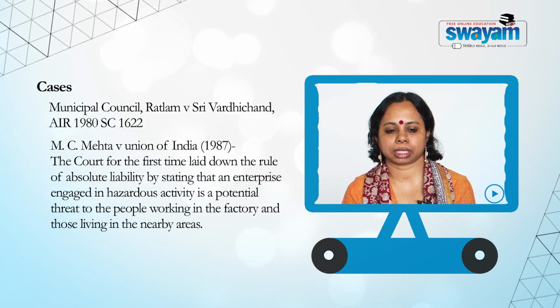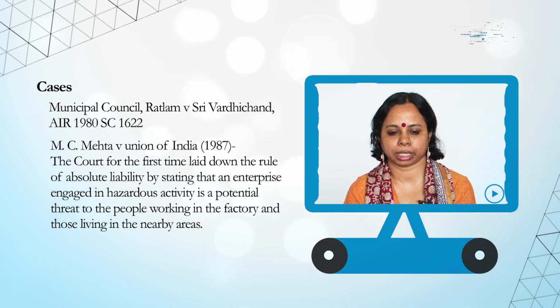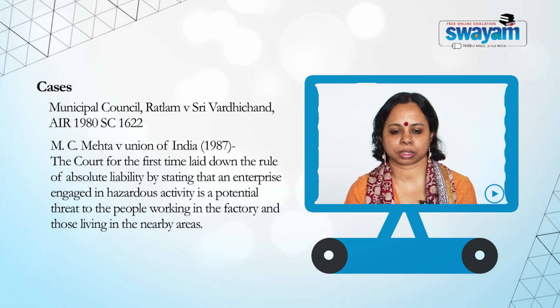The court said in that case that if an enterprise is engaged in a hazardous activity, which is a potential threat to the people working in the factory and those living in the nearby areas, the owner of the enterprise should be absolutely liable. This case is otherwise known as the Oleum Gas Leak case.